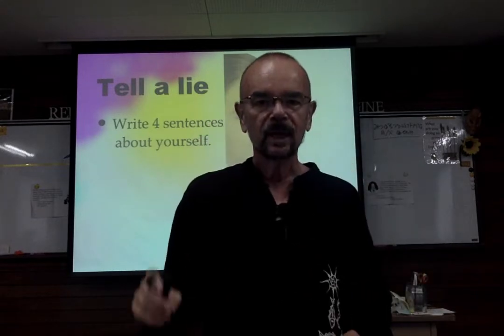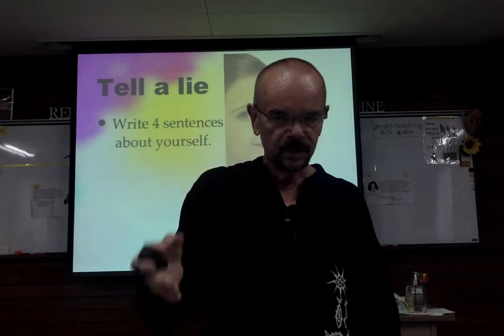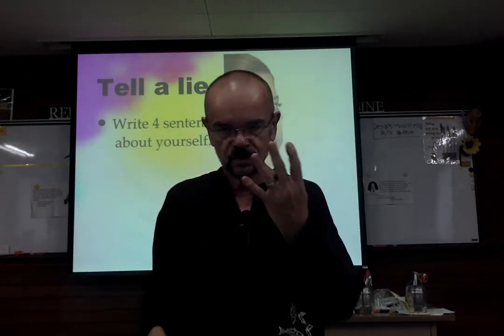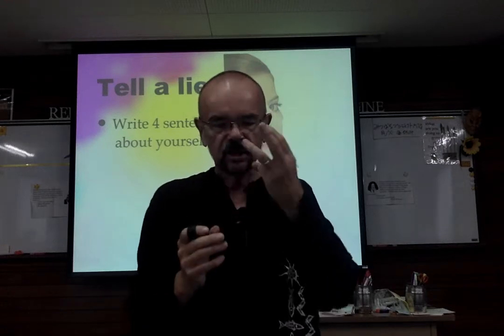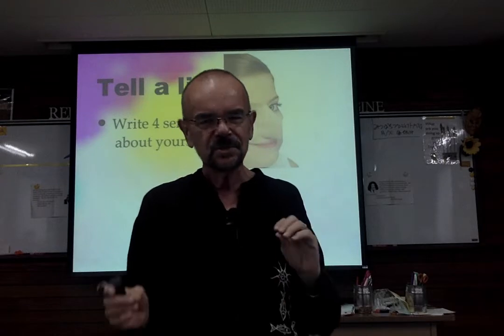And we're going to do half of this, but if I was doing it in class, I would stop now and give you time to write 4 sentences. 3 are true and 1 is a lie. But try to make it a little difficult.